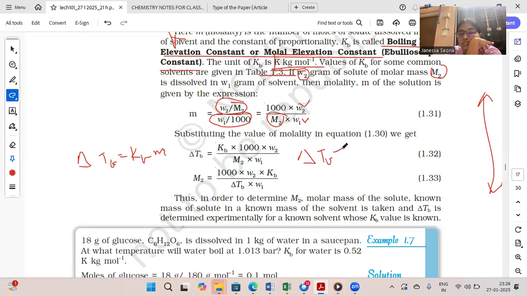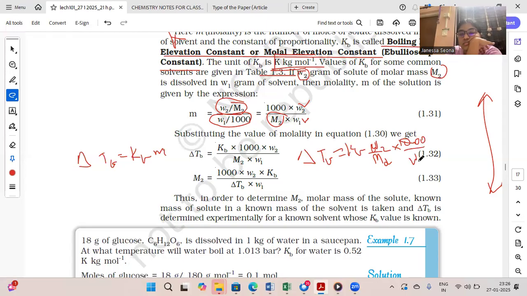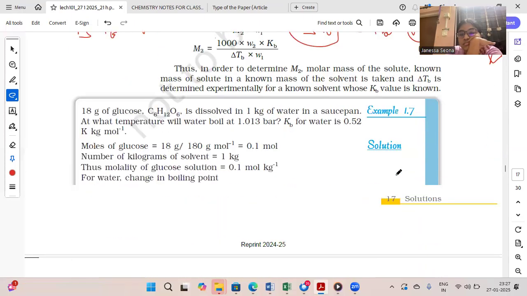Delta TB is equal to KB into W2 by M2 into 1000 by W1. So the weight of solvent will be given, weight of solute also will be given, ebullioscopic constant also will be given, elevation in boiling point will also be given, and you will be asked to calculate the molecular weight of solute. Emma, let us see one problem here.